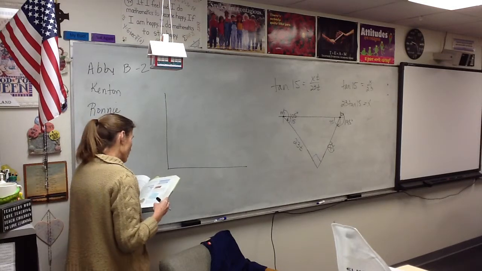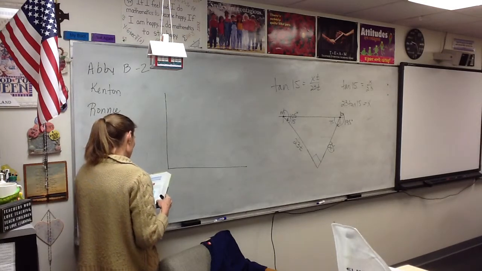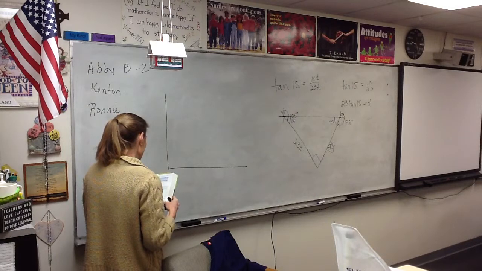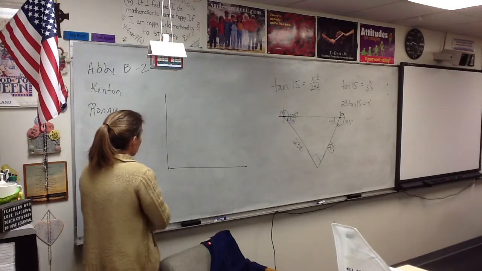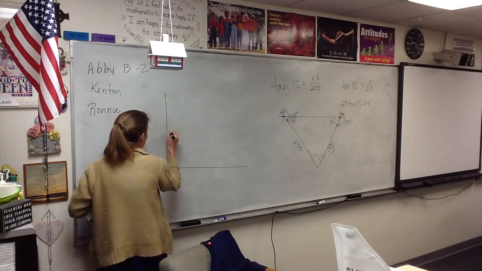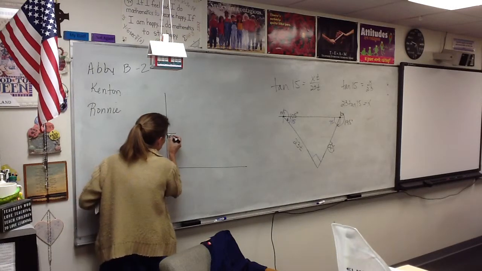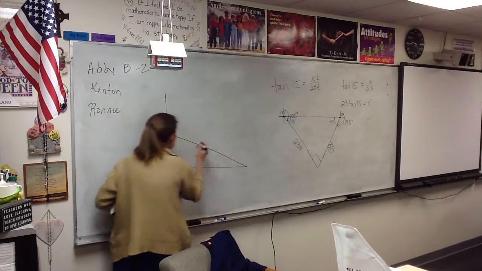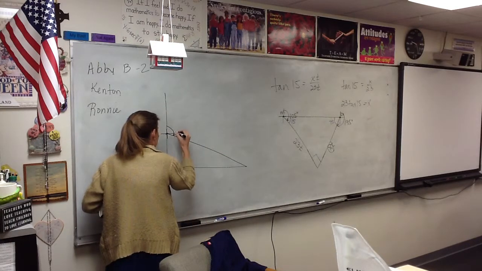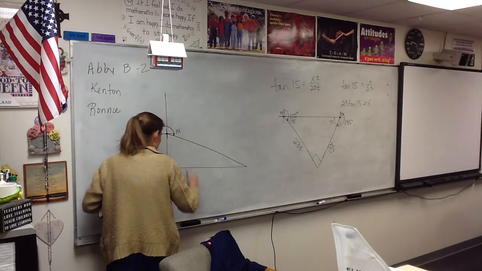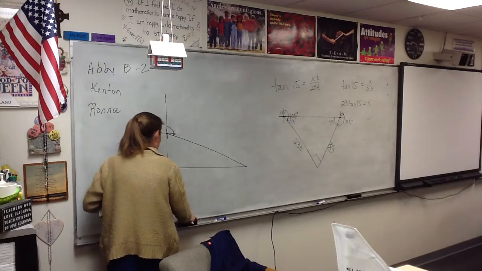The bearings of the boat from 2 points on the shore are 110 and 100 degrees. Okay, that means here's a point on the shore. This angle right here is 100 degrees.